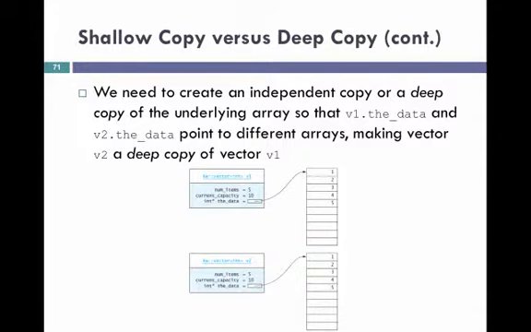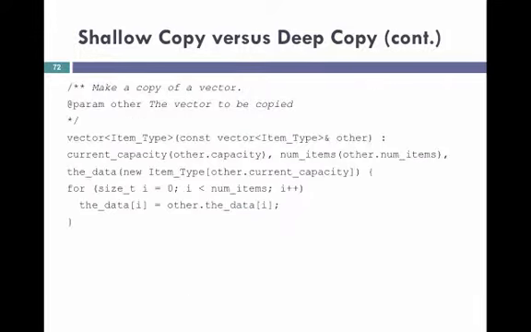So we need to create an independent copy, or a deep copy, of the array so that v1 and v2 point to different arrays, making v2 a deep copy of vector v1. In order to do this, we have to implement a copy constructor as follows. So here is the copy constructor for vector that does a deep copy.